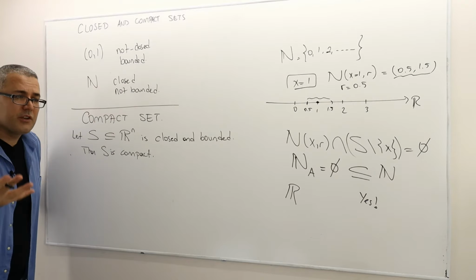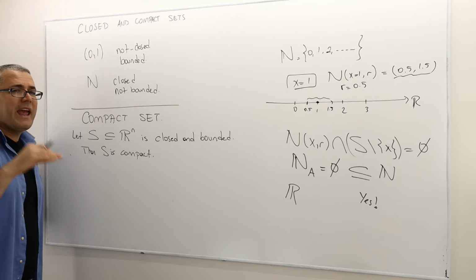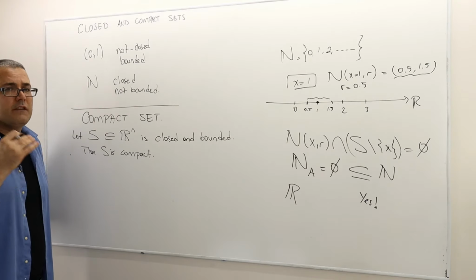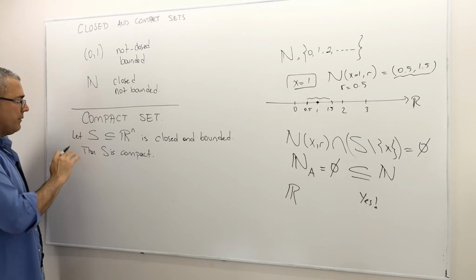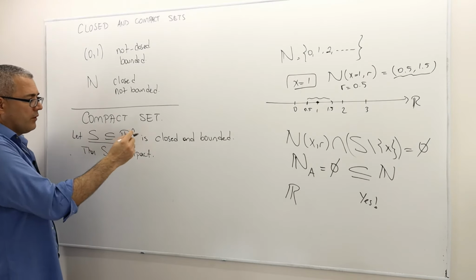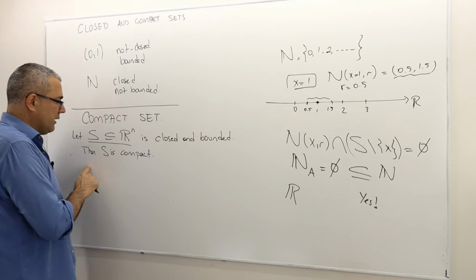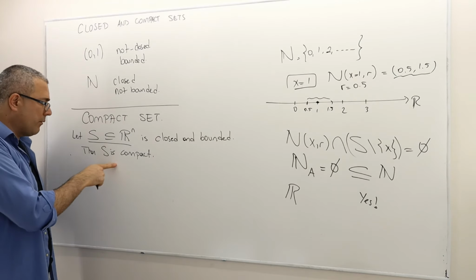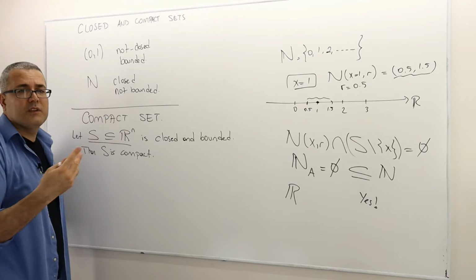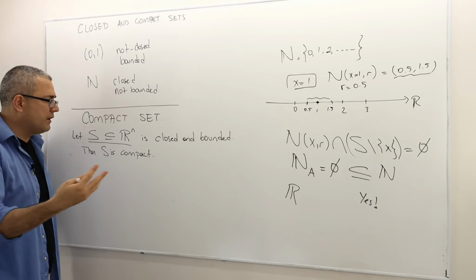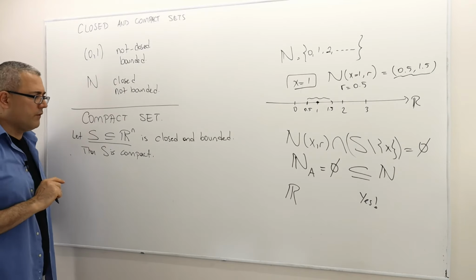This is a definition, and every definition is an if and only if statement. So what does that mean? If S is a subset of Rn, is closed and bounded, then it's compact. And if it is compact, then S is closed and bounded. That's the definition whenever S is a subset of Rn.